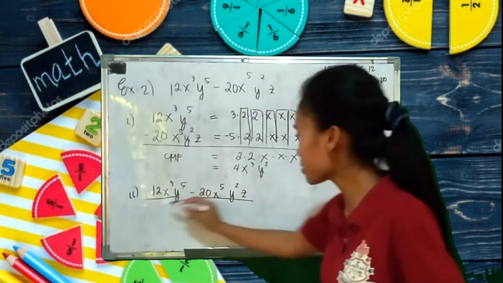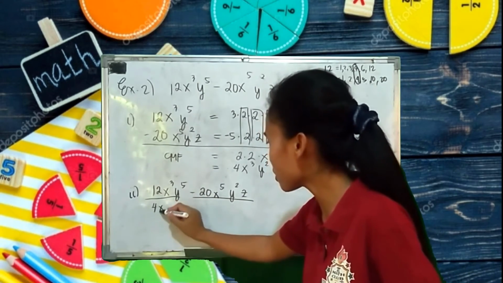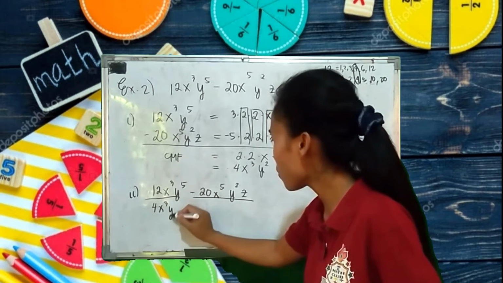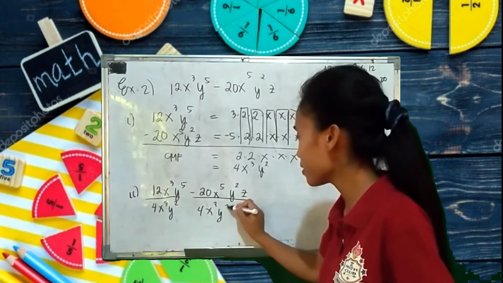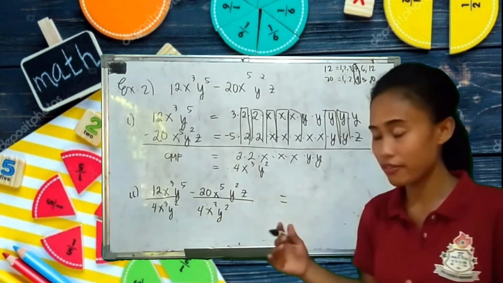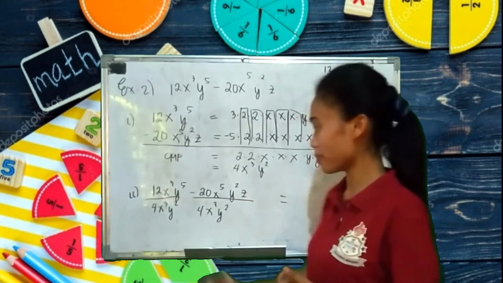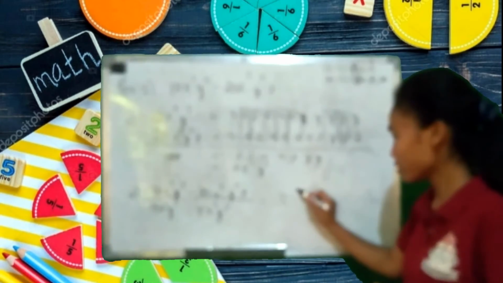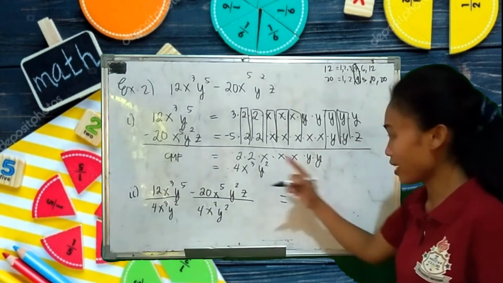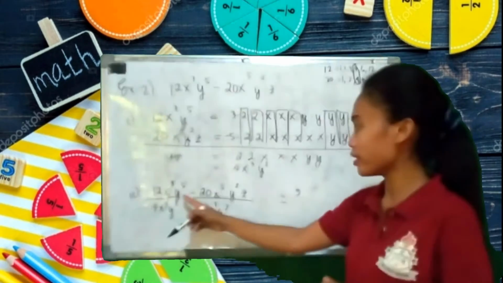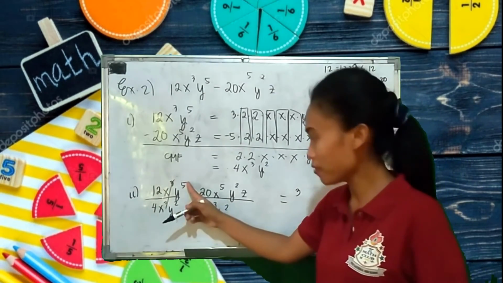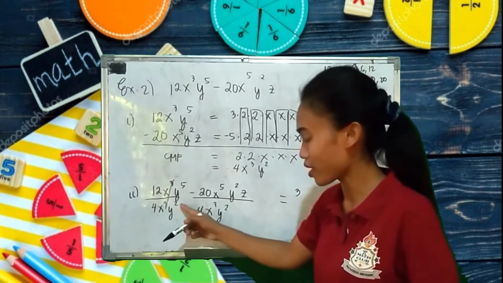Divide both terms by the CMF, which is 4x cubed y squared and 4x cubed y squared. Therefore, dividing it, 12 divided by 4 is equal to 3. And then x cubed divided by x cubed, we can cancel that one now. And then y raised to the 5th power divided by y squared.